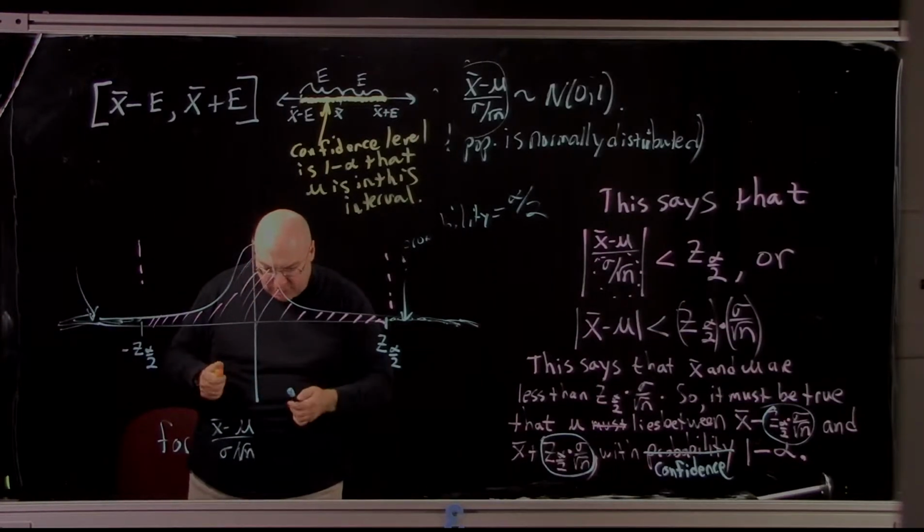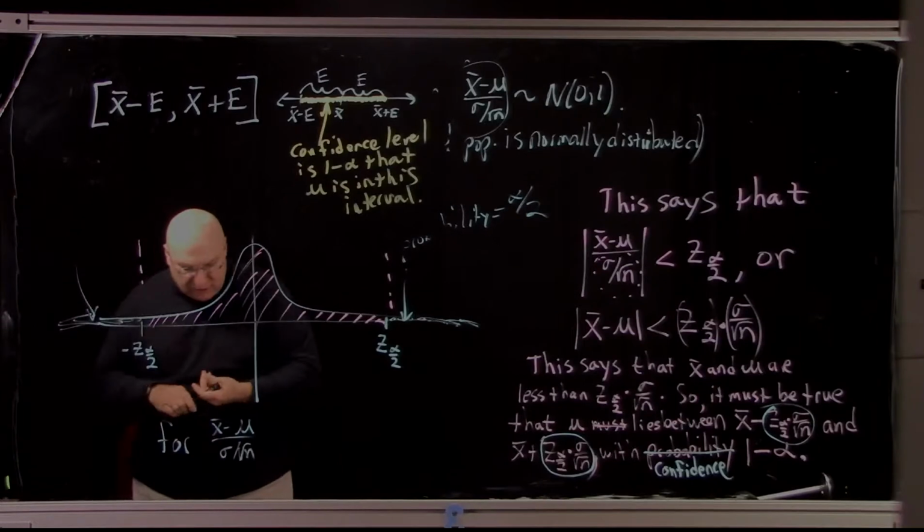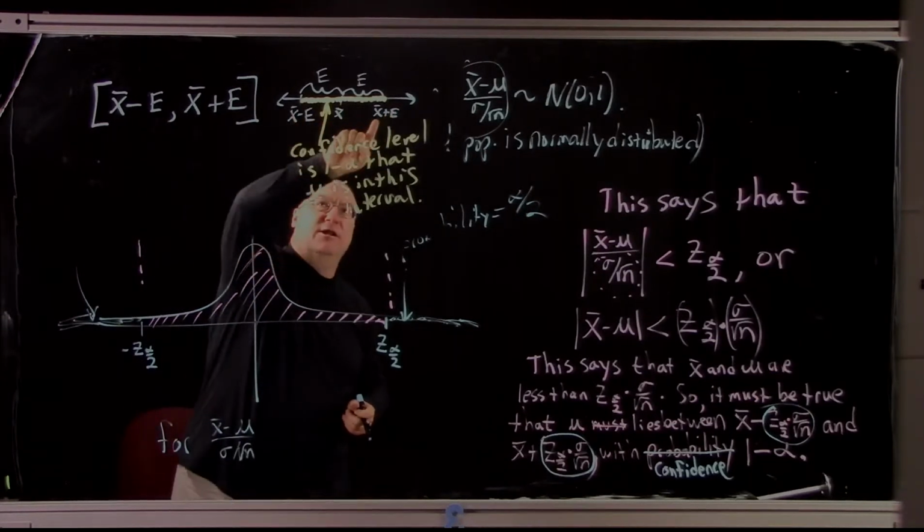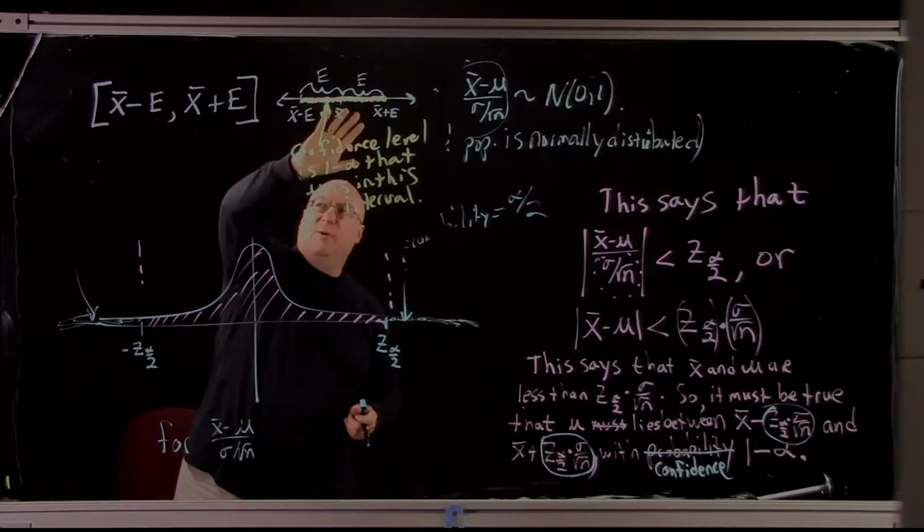If you can squeeze that all in there, I hope you can. Because then what I say below is this can be written in two other ways. How else can I write this interval? Well, I can do it with the number line, but that wasn't a way I was talking about.